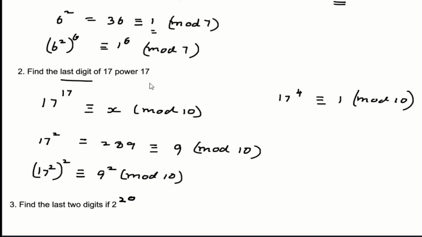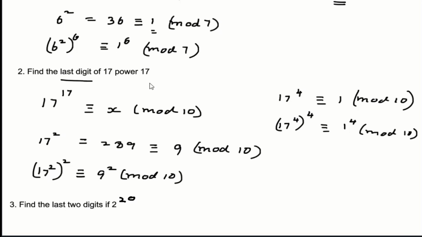Now he is asking 17 power 17. So I can raise to the power of 4 on both sides. I can write 17 power 4 to the power 4 is congruent to 1 power 4 mod 10. 1 power 4 is nothing but again 1. So I can write 17 power 16, but I want 17 power 17.